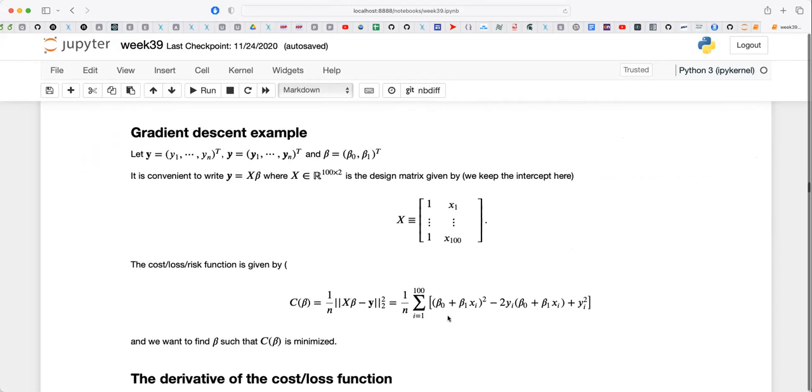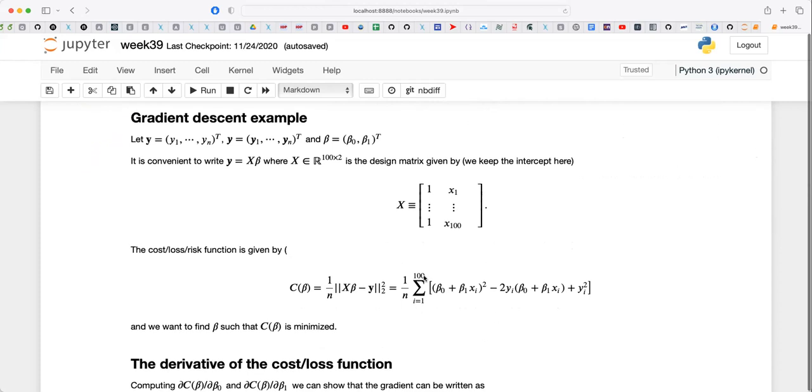The cost function is then given by these terms which you see here. It runs from 1 to 100. I have my first order terms, beta 0 and beta 1, and then I subtract y_i. I'm just squaring this expression here. So this is basically what we've done before, but now I'm setting it up explicitly.